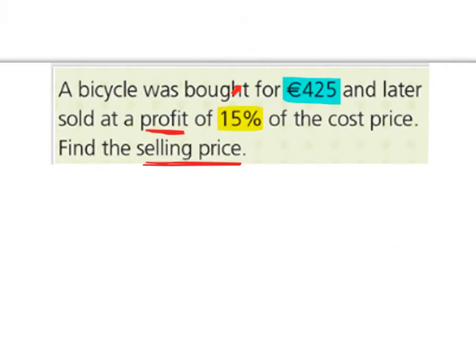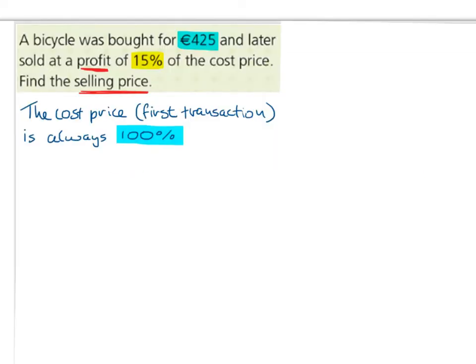A bicycle was bought for €425 and later sold at a profit of 15% of the cost price. Find the selling price. So the cost price, which is the first transaction, is always 100%. So that €425 that the bicycle was bought for is 100% of the amount.